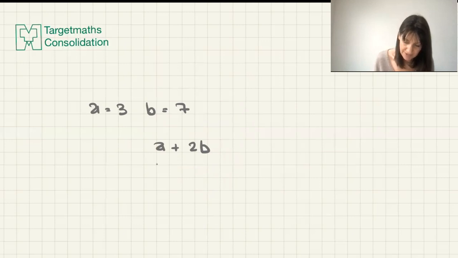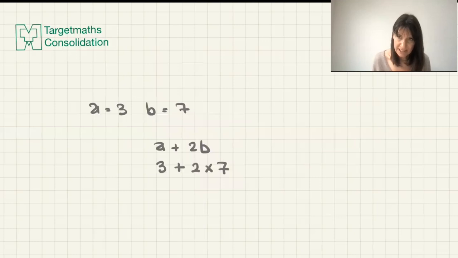Okay, so A is 3, I've got a plus, I've then got 2 times B, which is 7. Now be really careful. Don't just do 3 plus 2 is 5, and then 5 times 7 is 35, because you will be wrong. And if you did that, you're wrong. And this is why you need to think about your bidmas, okay?